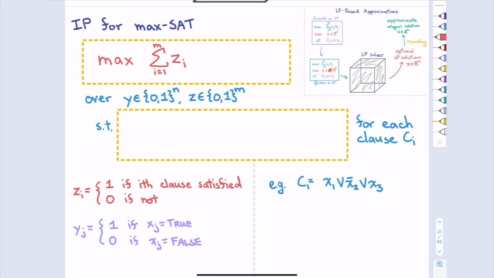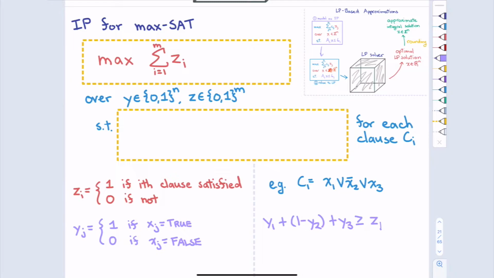Okay, so for us they're y's. So corresponding to x1 is y1 plus 1 minus y2 plus y3 is greater than or equal to z1. Okay, so if I set y1 to be true or y2 to be false or y3 to be true, then this will be at least 1, and then I'm allowed to set z1 to be 1. And of course, any optimization program will make it as big as possible.